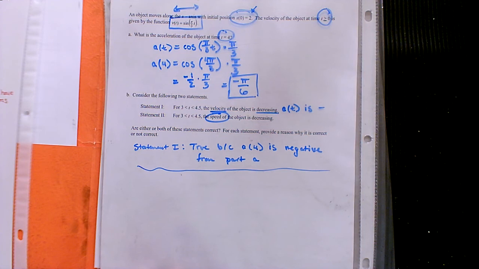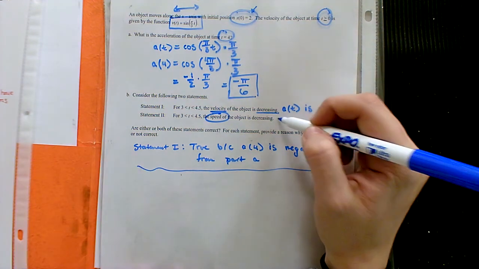All right, let's check out statement 2. For any point in time between 3 and 4.5, the speed of the object is decreasing. So if we want speed to decrease, if we want to slow down, what connection do we need? Position, velocity, acceleration, what's going on? Yeah? Does velocity and acceleration need to have different signs?